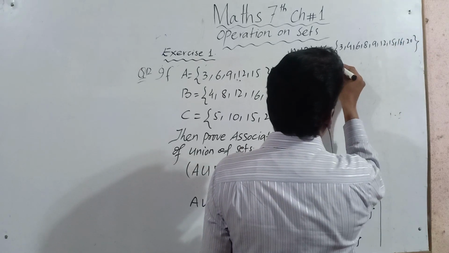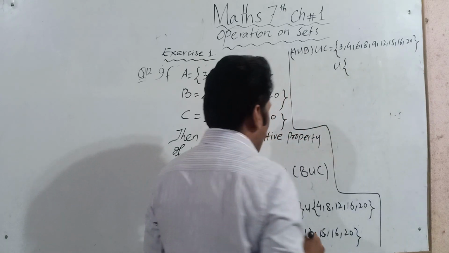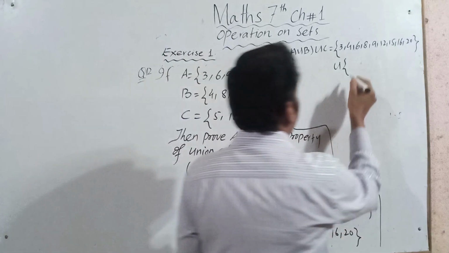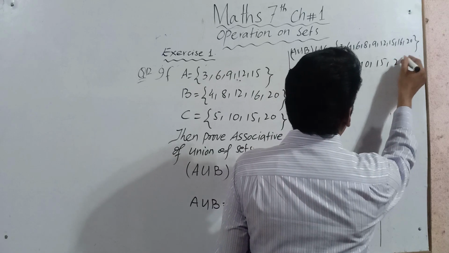Then union sign. And then elements of C: 5, 10, 15, and 20.